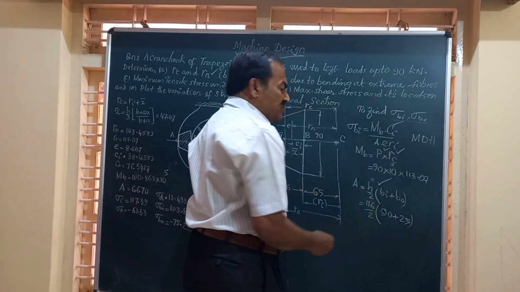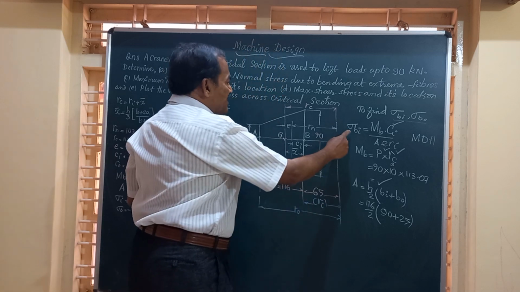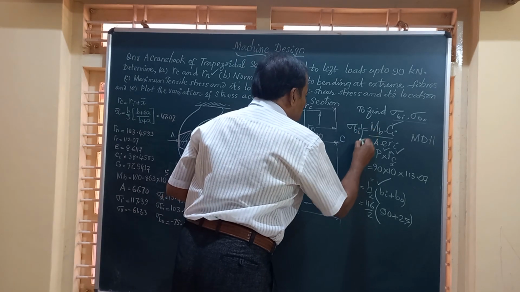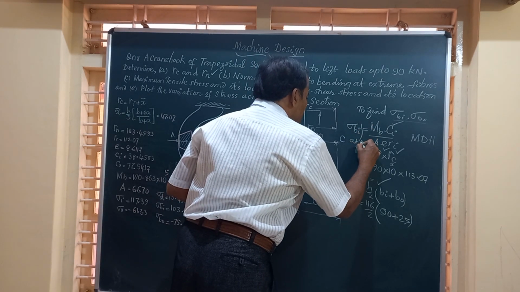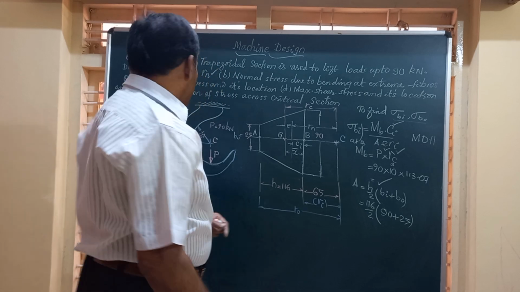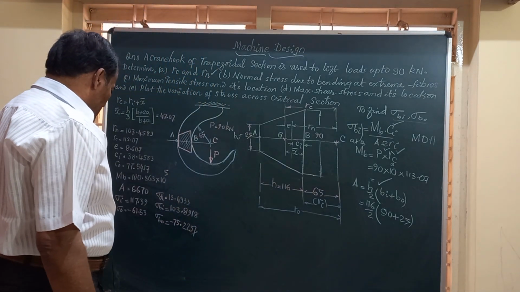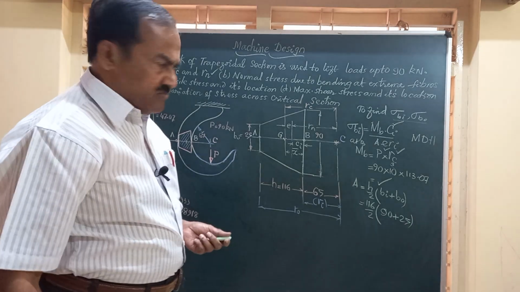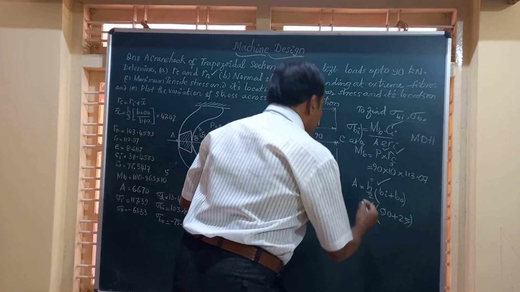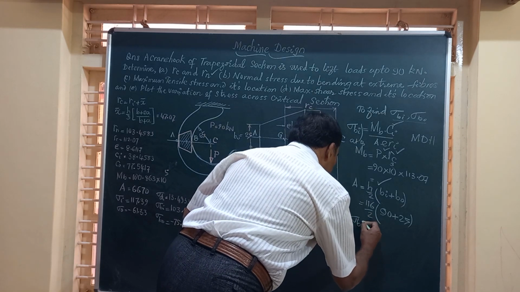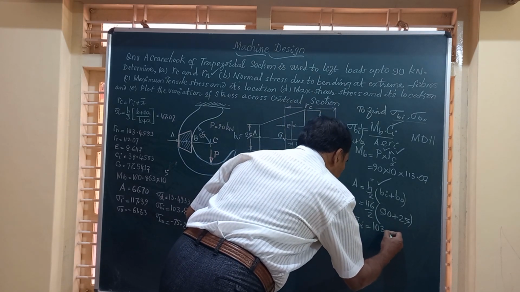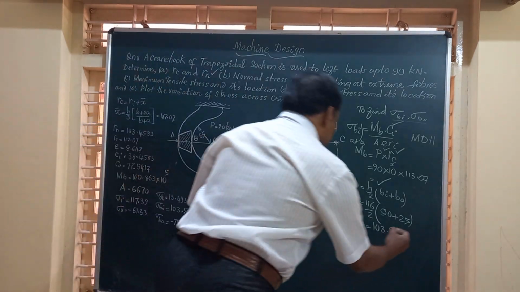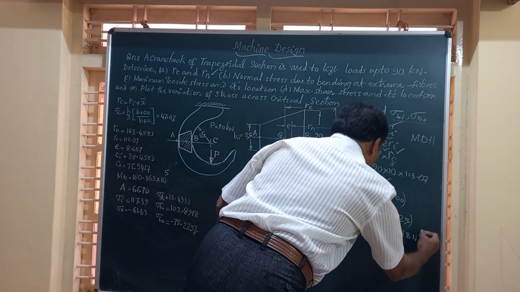So friends, once you substitute this value, you will get the sigma Bi, that is at B, the inner fiber. You get this value of sigma Bi, and this sigma Bi works out to 103.8918 Newton per mm square.